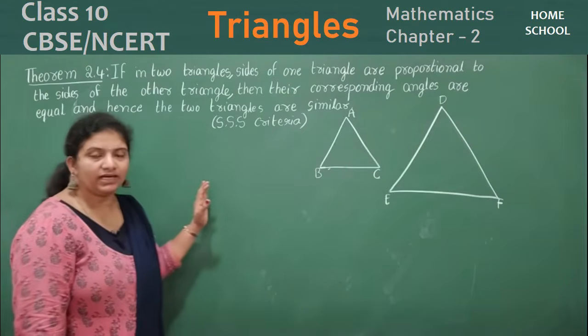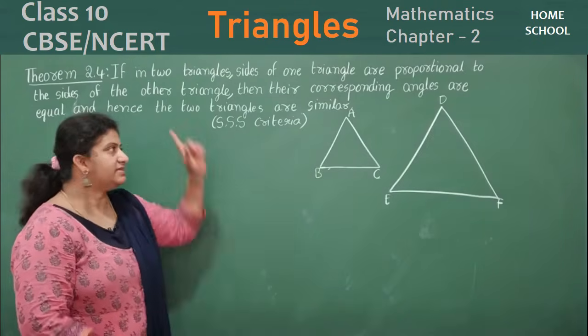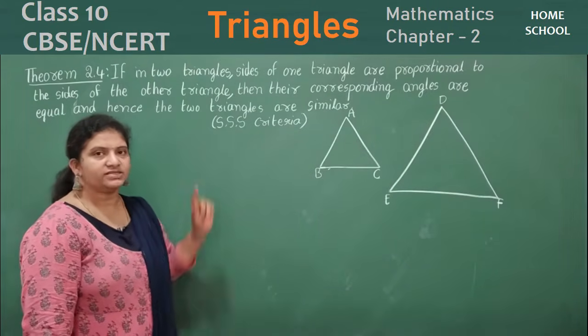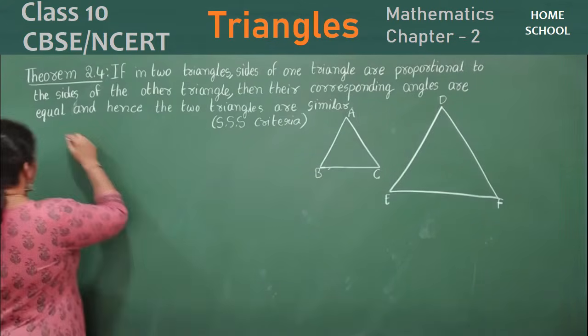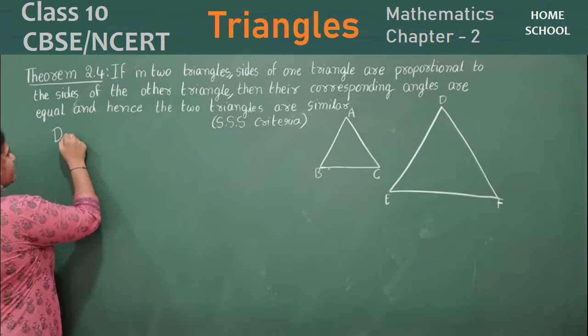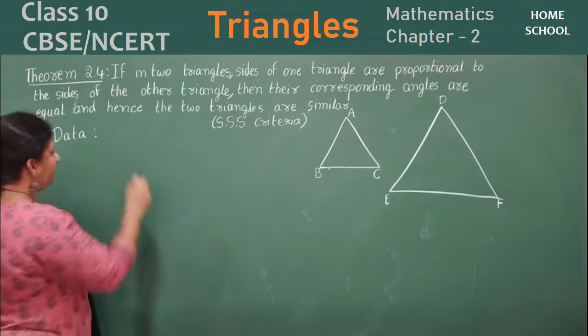We start a theorem proof with 5 steps. You know, no children, what is that? Statement is your first step. Then what's your second step? It is the given data. What is given?